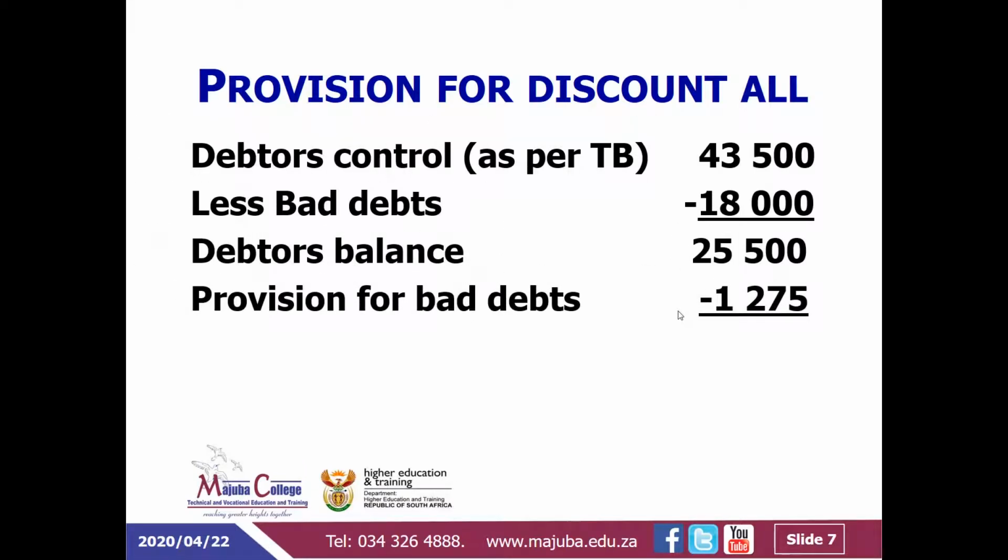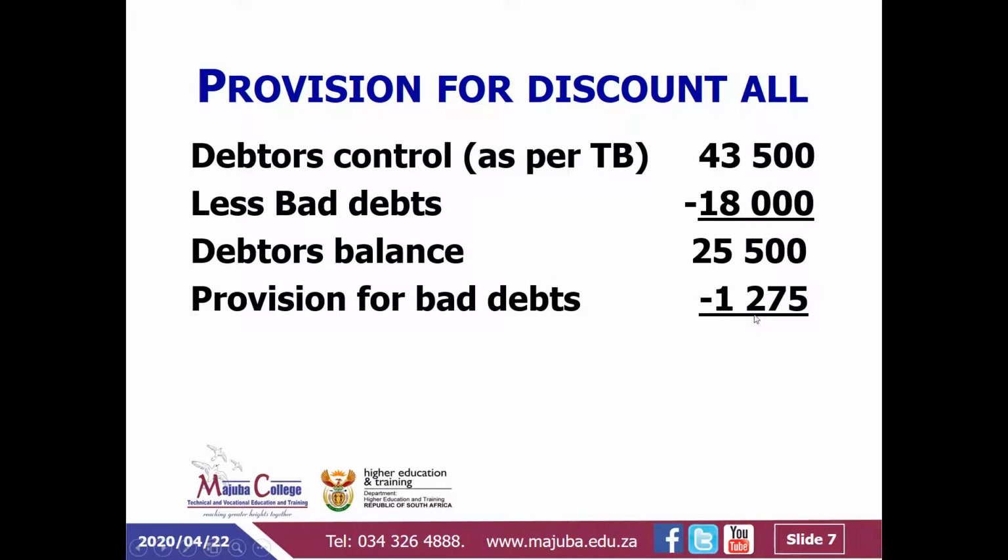Remember, we created provision for bad debts. We're not going to take into account provision for bad debts that we've just created when we do a provision for discount allowed. It doesn't make sense that the business should allow people discount that are not going to pay them. So we've already determined that we might lose 1,275 attributable to bad debts.